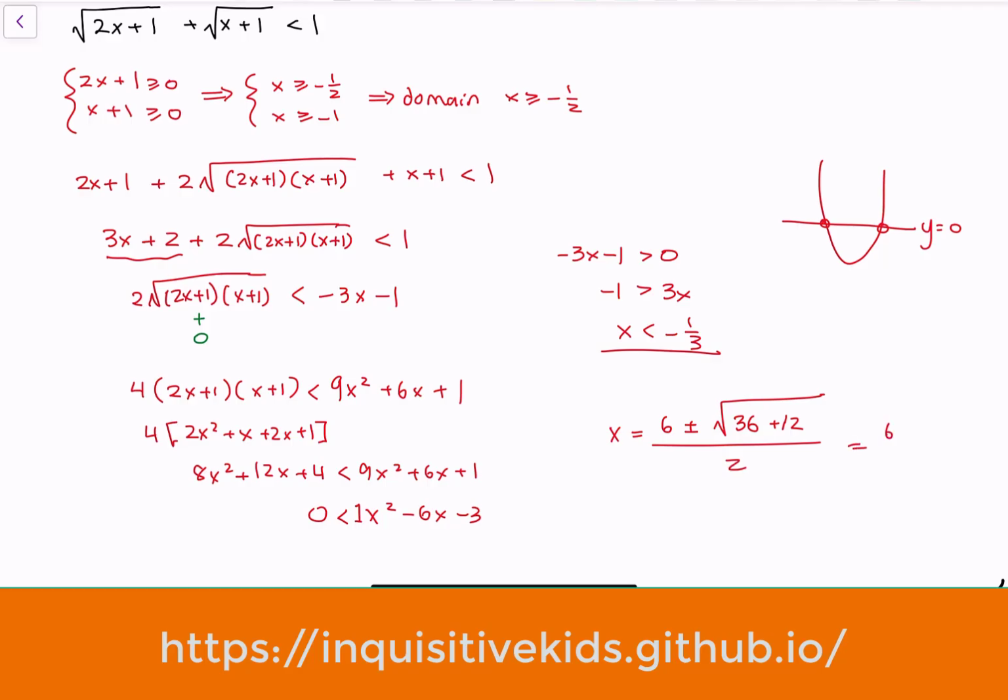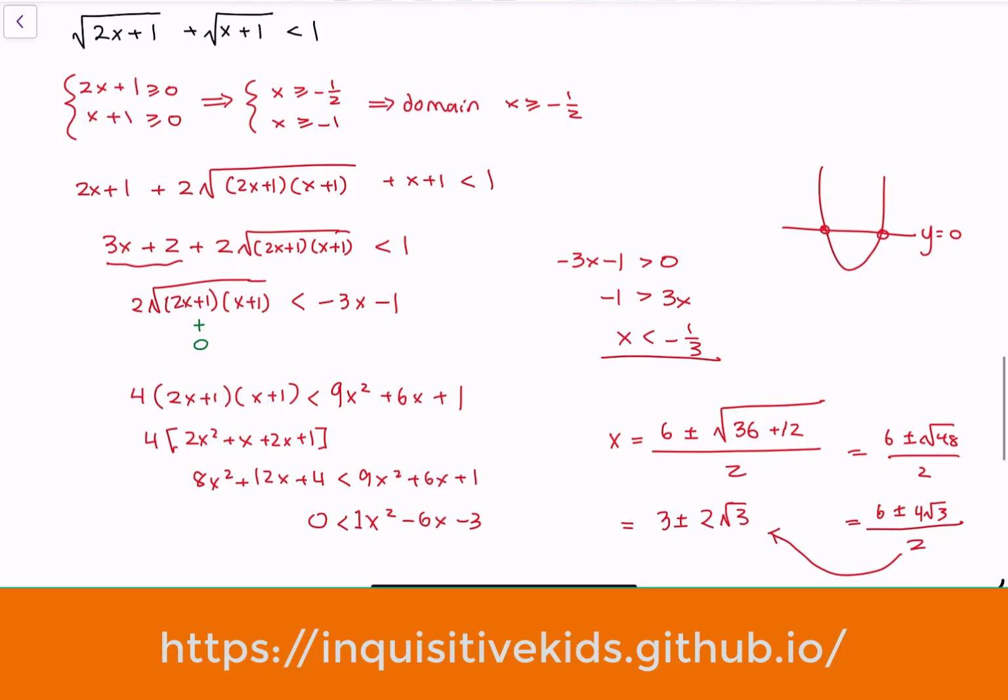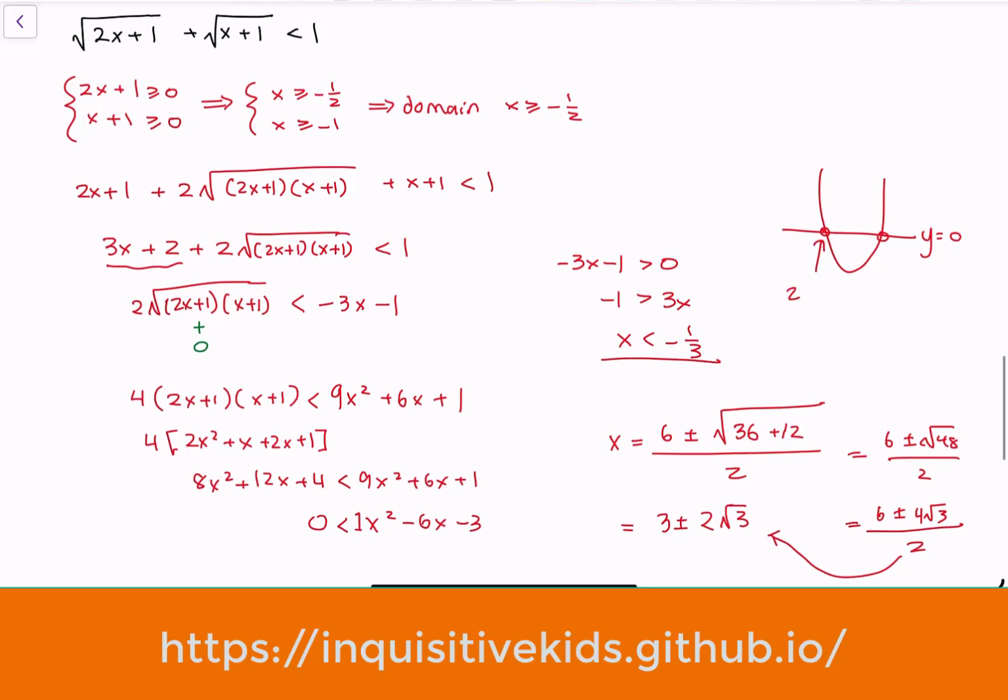You're left with 6 plus minus the square root of 48 over 2, and the square root of 48 is equal to 4 times the square root of 3. And this is equal to 3 plus minus 2 times the square root of 3. So now we know our two roots.